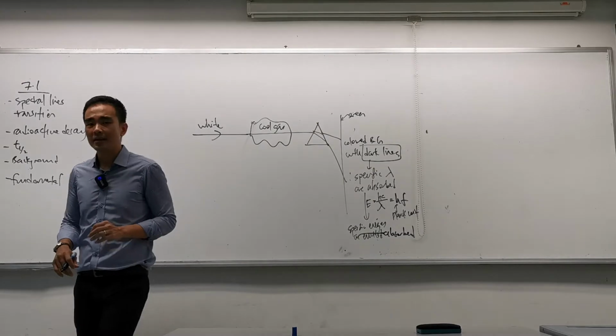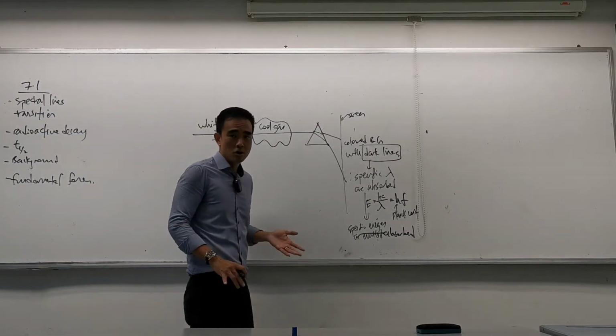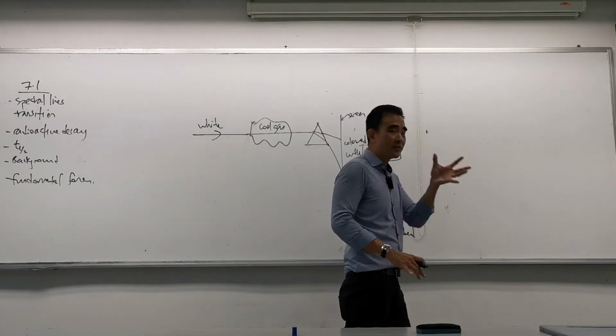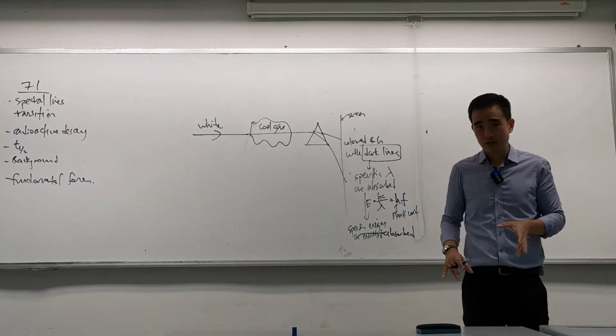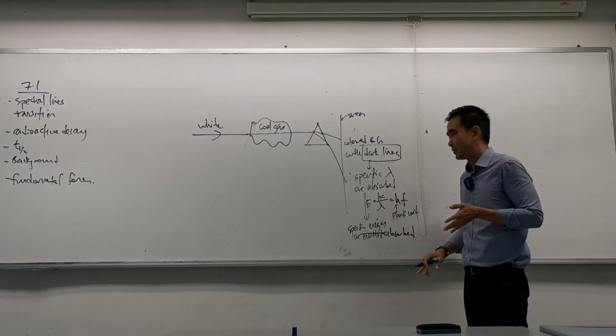We can deduce that the energy levels inside the atoms can only take specific values. So that's why this observation is important, because it is concrete proof, without doubt, that the energy levels inside the atom are discrete.